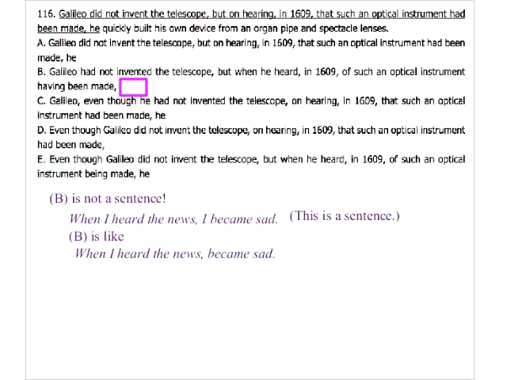I don't know what you would call this. It's some sort of sentence fragment, not a complete sentence type of thing. But it doesn't matter what you would call it. When you see something like B, you should definitely recognize, oh my gosh, that doesn't have a subject.